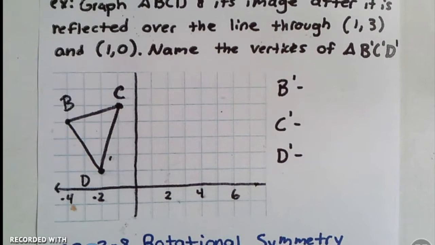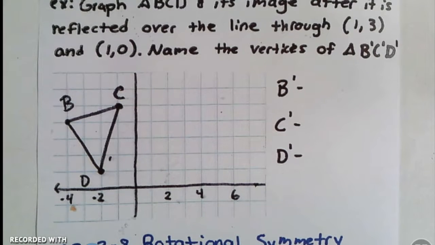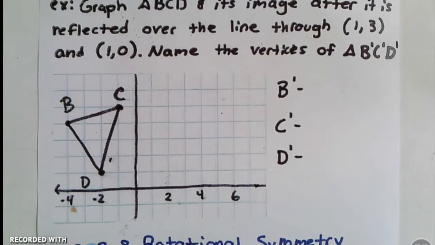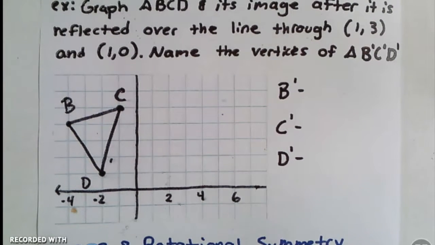It tells us to do it over the line that goes through the coordinates (1, 3) and (1, 0). By looking at that, I can already see that they have one number that is the same, which is their x coordinate. So I know right away where I can expect to draw this line, but let's make both of our points so that you can see it as well.